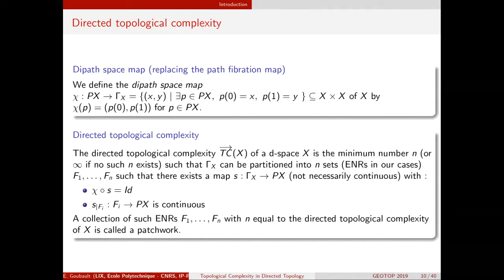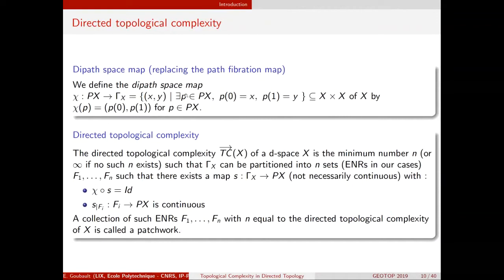So the first thing I have to get around in my discussion on directed complexity is that this map is in general not surjective, so I want to make it surjective. I will consider it to take values in Gamma X, the set of pairs of reachable points within X cross X. Otherwise, it has no meaning to ask whether I have a section from X cross X to PX, because sometimes I have pairs of unreachable points, so I have no path at all.